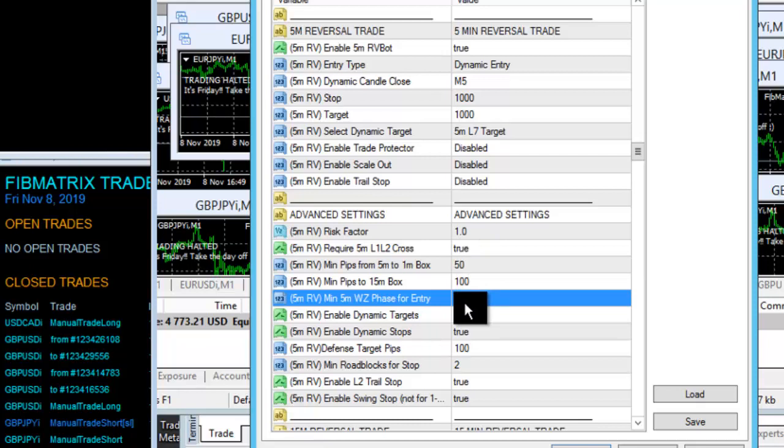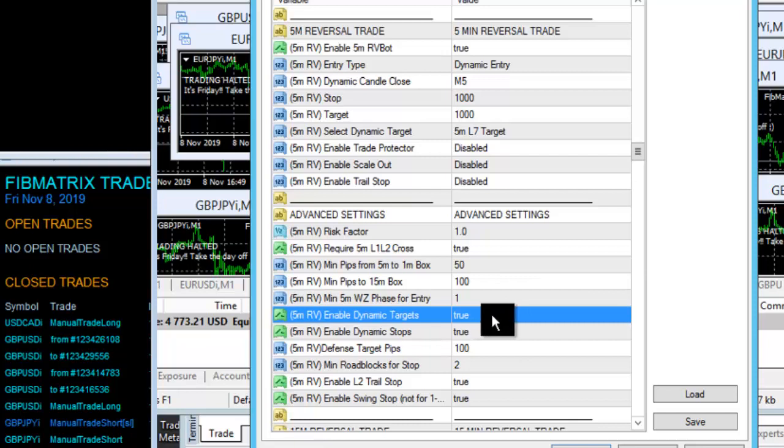So that means the trend that this is a reversal from had to have been at least up to a white zone phase of like 3. Minimum of 2, but probably 3, maybe even a 4, which means it was a big trend. Now those reversals are great, okay? And that's what this account tries to capture.